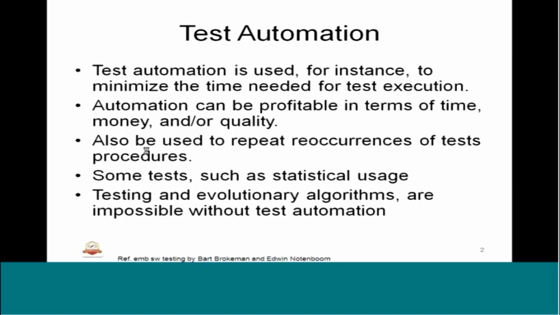So basically, test automation is a process or a test method or whatever testing aspects that can be applied for testing the embedded software. Test automation is used to minimize the time needed for test execution. Why we need test automation is, we'll keep on doing the embedded software testing again and again, with similar requirements, similar sort of test cases.